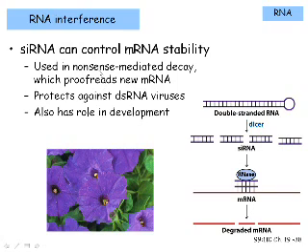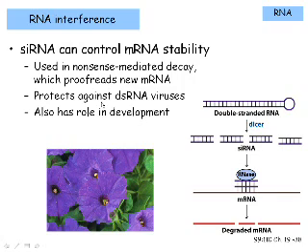For example, there's something called nonsense-mediated decay. New messenger RNAs are, in effect, proofread. They're kind of examined for overall quality of fit. And if there are nonsense mutations in there, so they can't be properly translated, they'll be degraded. And small interfering RNAs play a role in nonsense-mediated decay.